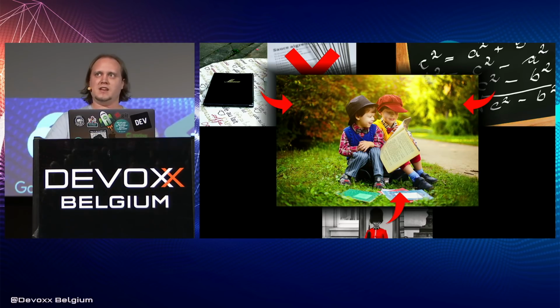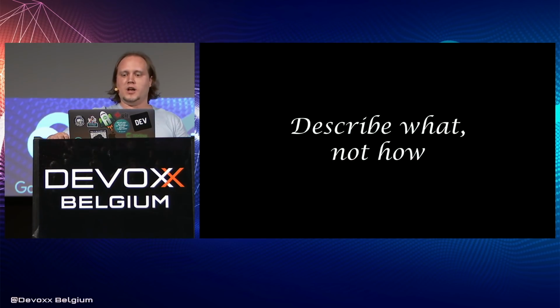And this is important, never mind whether the person trying to understand the code is a colleague of yours or maybe you in 2 weeks. So, 3 issues, and we want to get talking about all of them. Let's start. Describe what, not how.